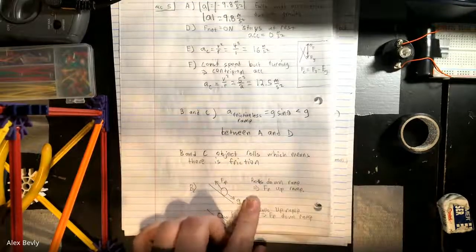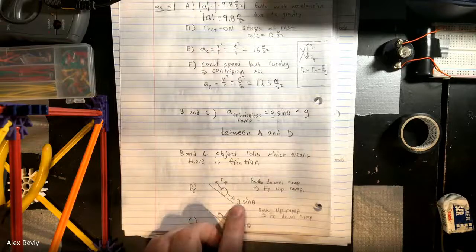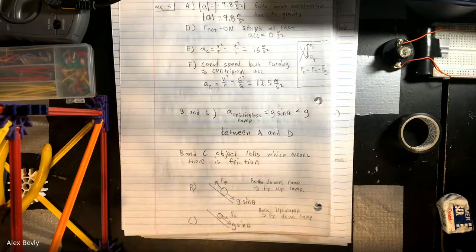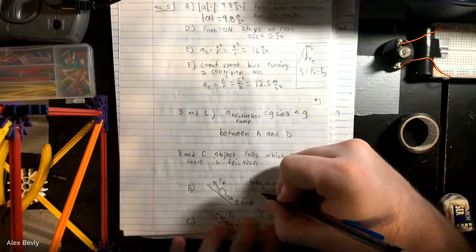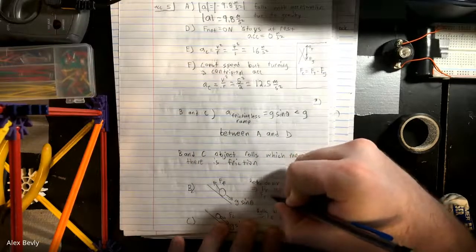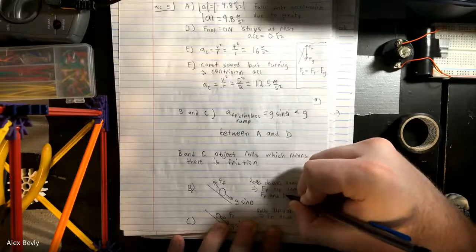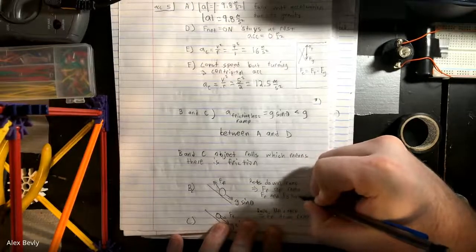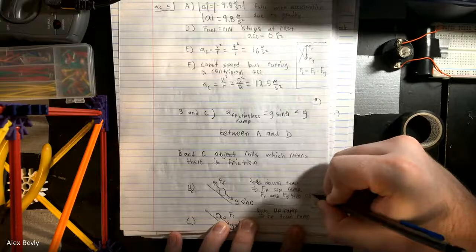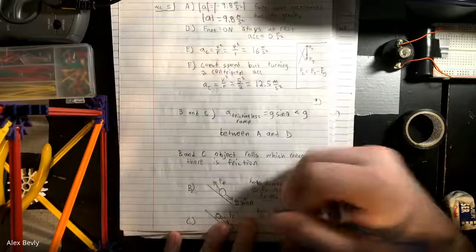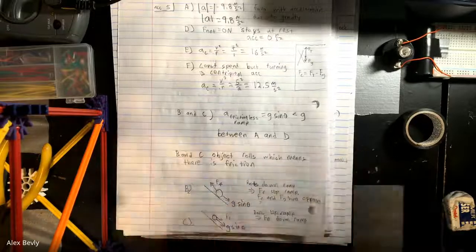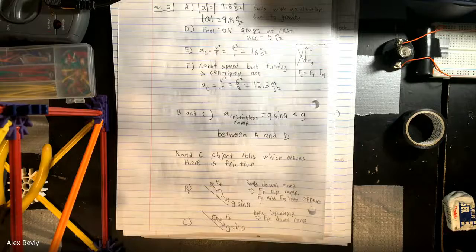So here, friction and gravity work against each other. So am I going to have a big or small acceleration? So these are opposing each other.